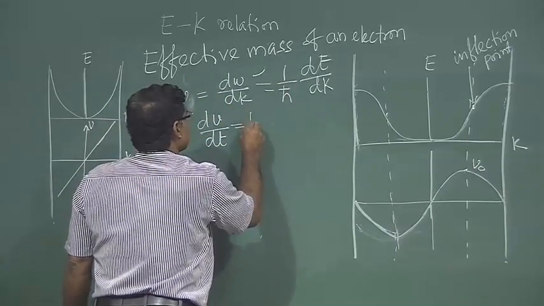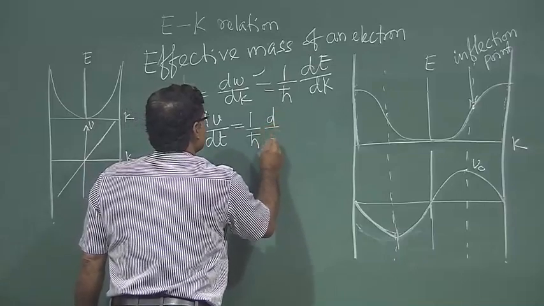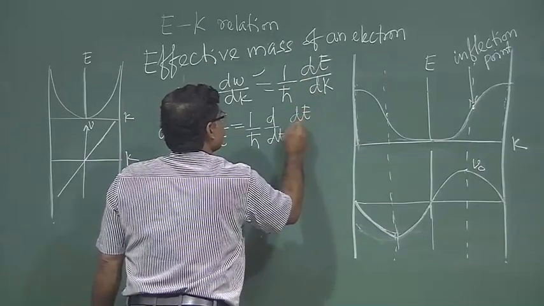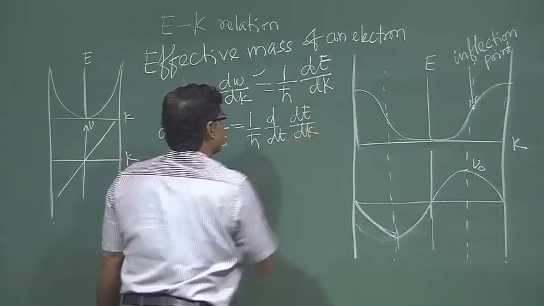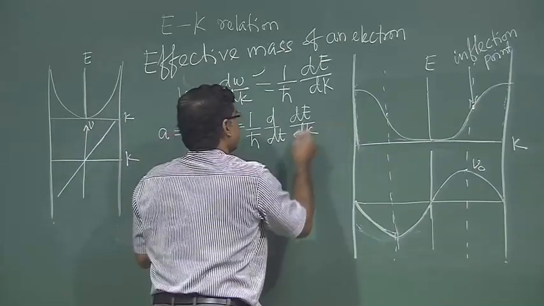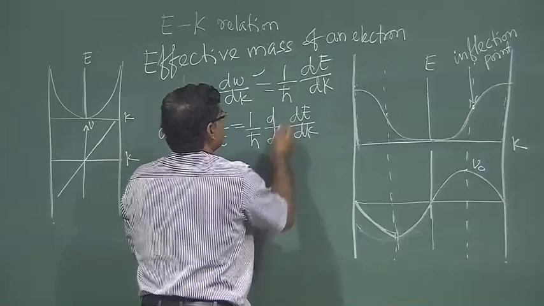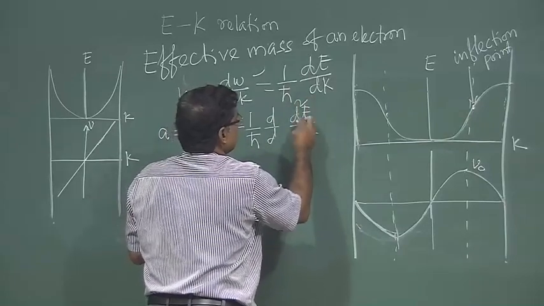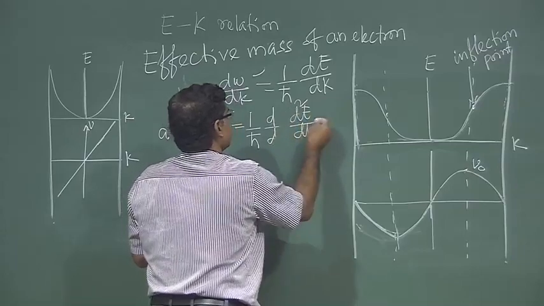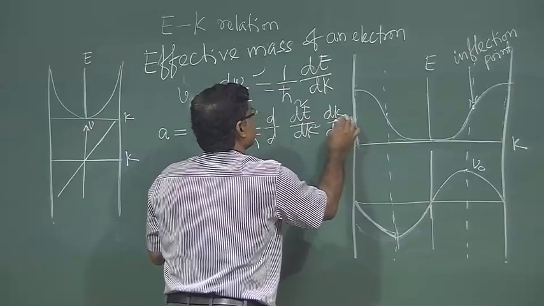I can write 1 by h cross d by dt of dE by dk, and here I can write d2E by dk square, then dk by dt.